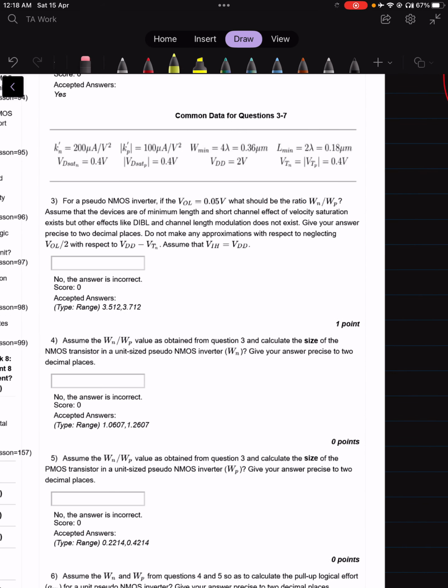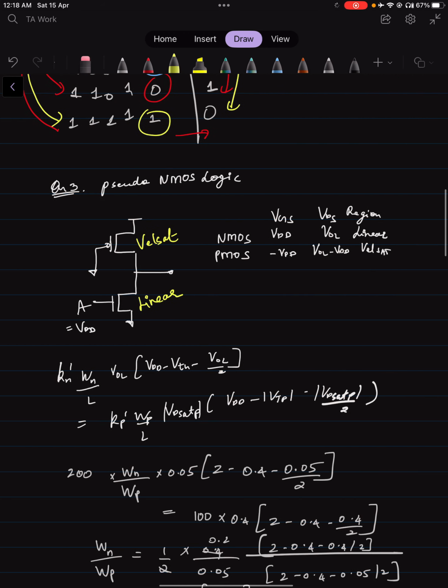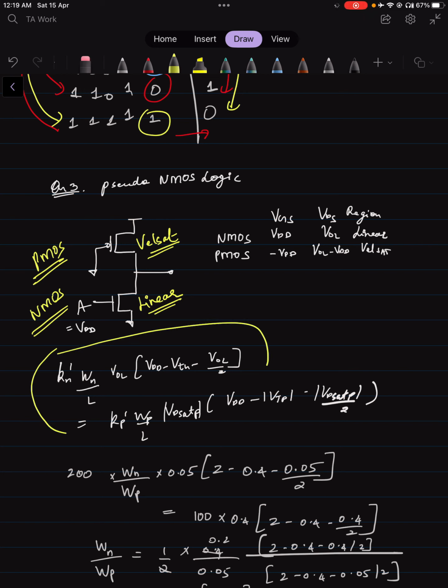Question 3. For a pseudo NMOS inverter, if the VOL is 0.05, what is the ratio of WN by WP? When you go back and write down the regions for these transistors, which are the PMOS and the NMOS, you will obtain that the PMOS is in velocity saturation and the NMOS is in linear. So here are the expressions for the NMOS and the PMOS.